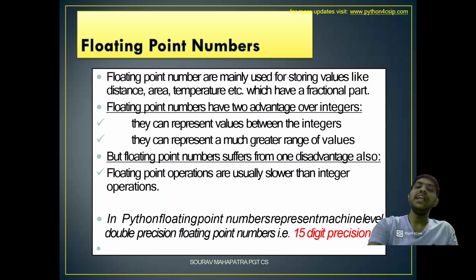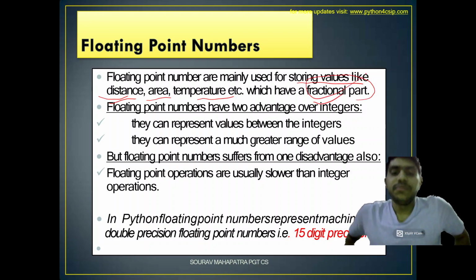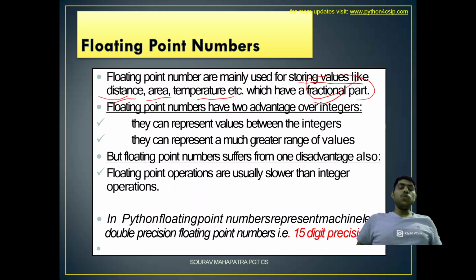Floating point numbers are mainly used for storing values like distance, area, temperature, which have some fractional part. 3.25, 7.25, 8.5, 3.7, like this you will get different numbers. Suppose you find the area of a circle or a square, any geometrical shape. Sometimes it will come out as a fractional part.